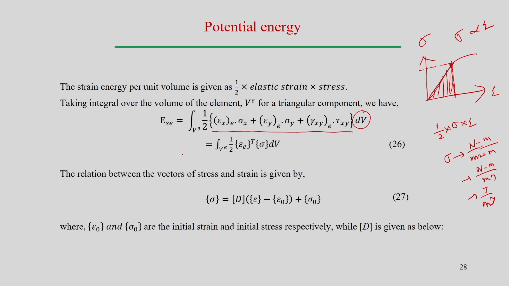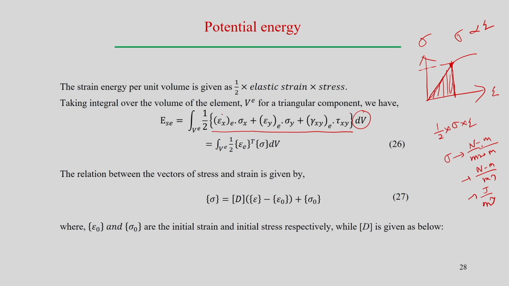If we integrate over the total volume of the domain, we can estimate the total strain energy associated with this system. But in this case, we are first estimating the strain energy for one particular element. The element can be triangular or any other shape, but this is the general formula of stress into strain.